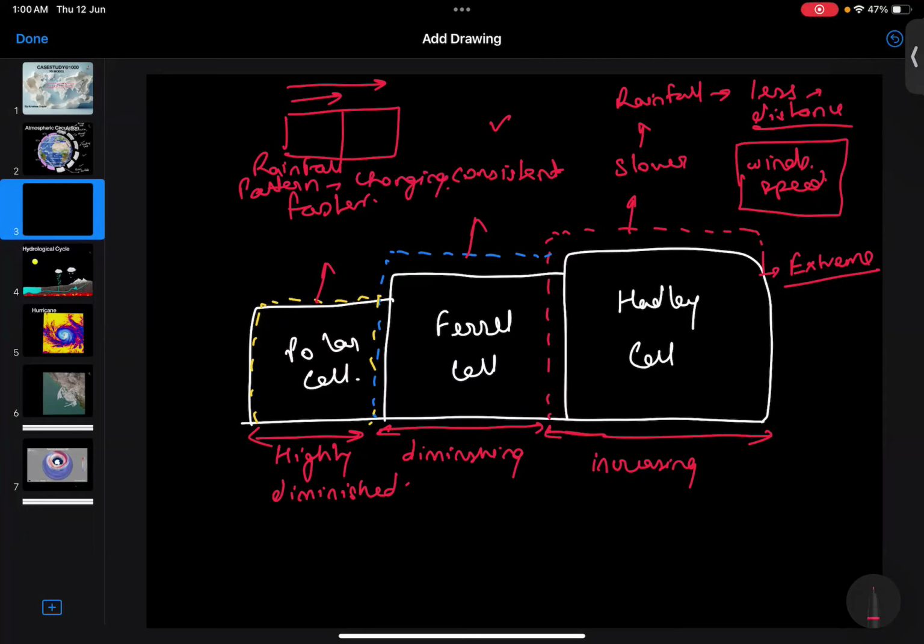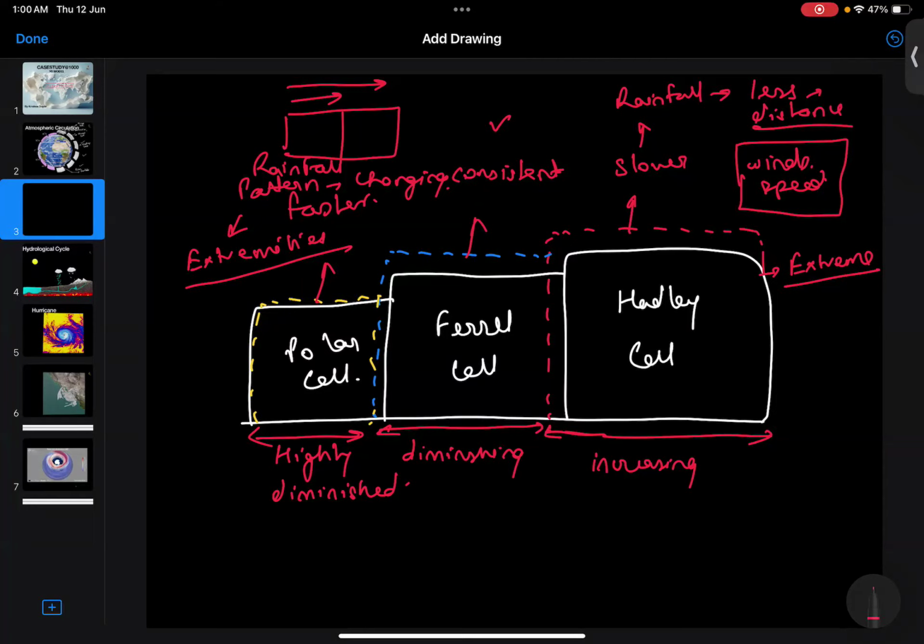Okay, the rainfall pattern is changing, and because of this change in the rainfall pattern, extremities are taking place here also. Again extremities are taking place here, which is actually impacting the overall circulation system of the earth.